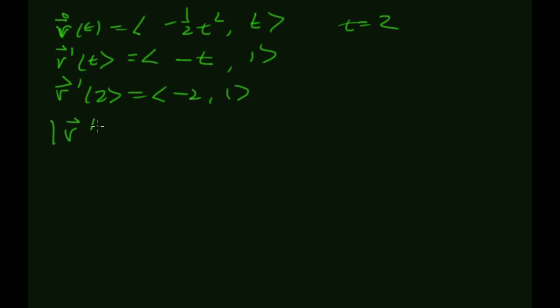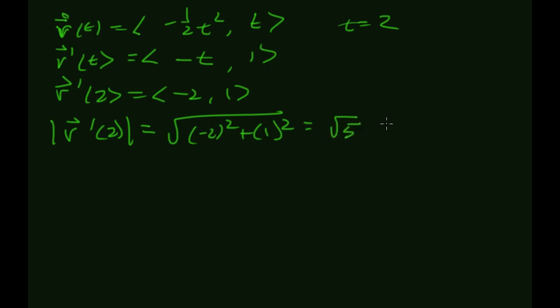The speed at time 2 should be the square root of negative 2 squared plus 1 squared. So that's the square root of 5, which is approximately 2.236 units per second. So that's the speed in this direction of negative 2, 1 at time 2.